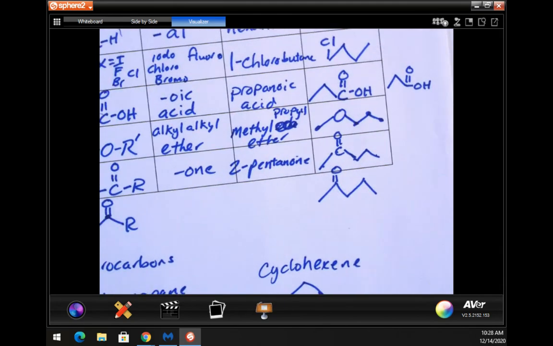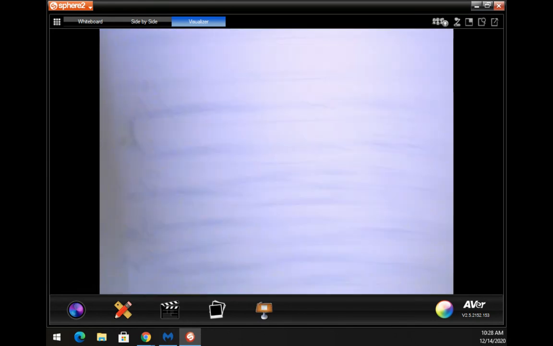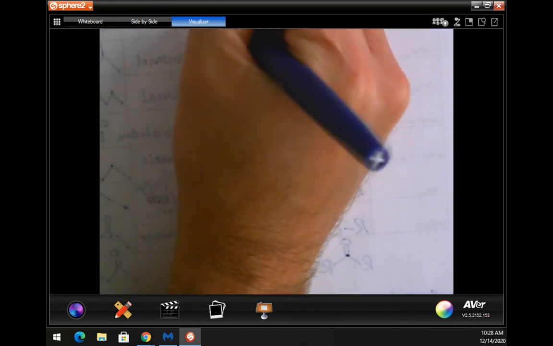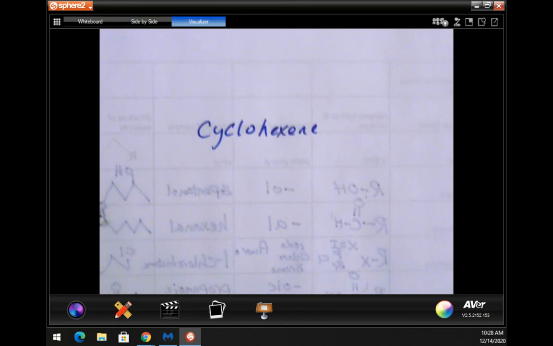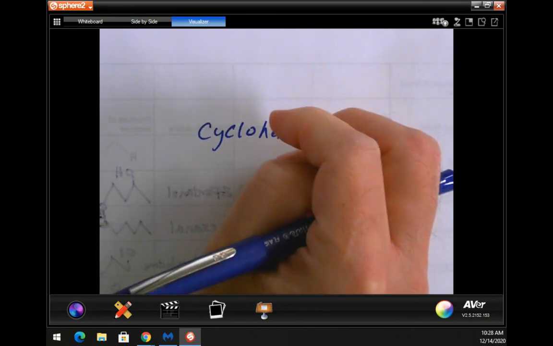That's all I've got. Do you guys have any questions over alkenes or alkynes? Are you good on those with the doubles and triple bonds? Yeah. So if you have cyclo and then hexene like that, but it doesn't have any of the halogens or anything, would the formula still work, or would it not work?